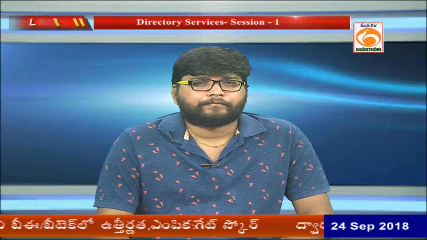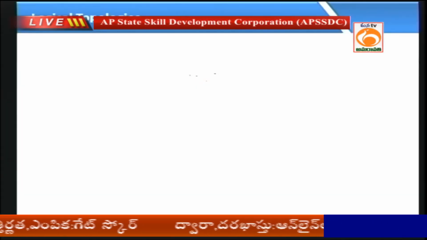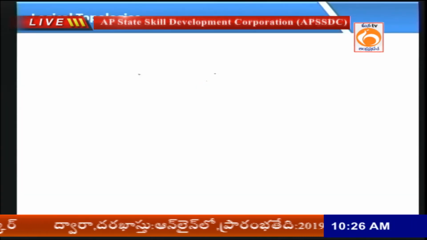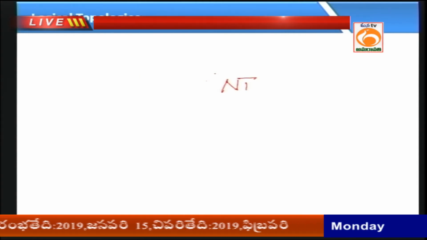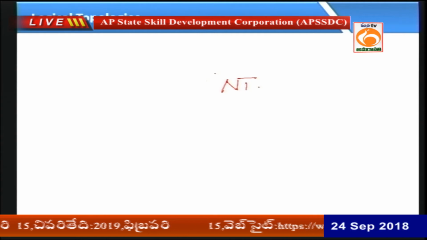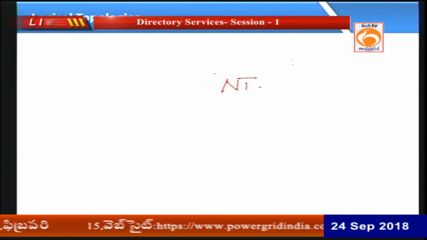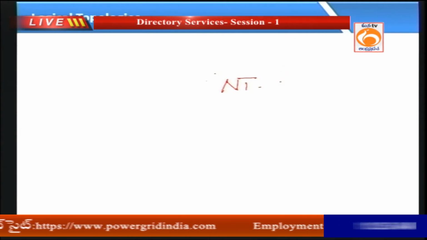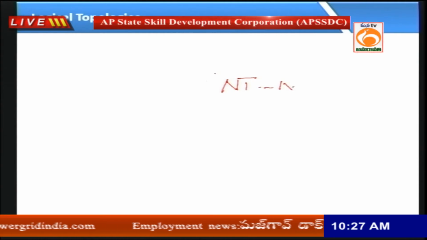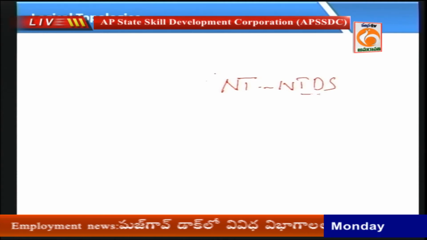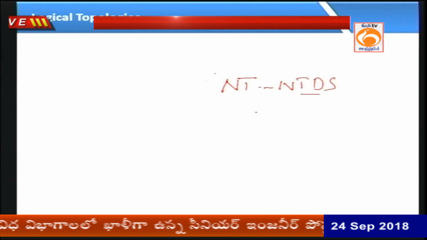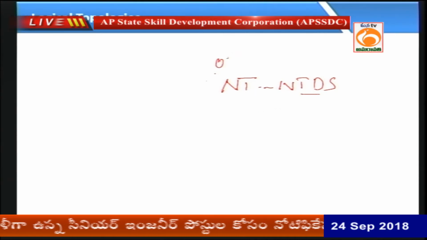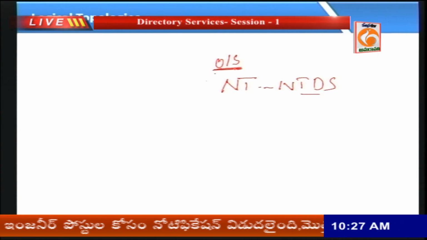So, let us go back to the slide once. Microsoft introduced directory services at the time of NT. In NT, the first time, the directory services is called NTDS, New Technology Directory Services. NT is nothing but the server operating system.